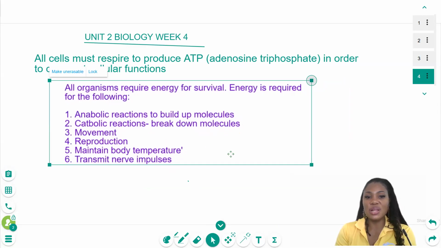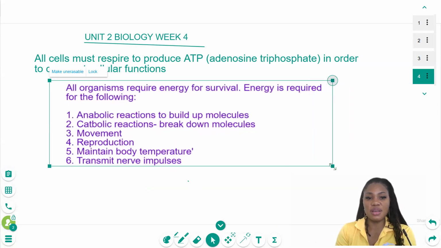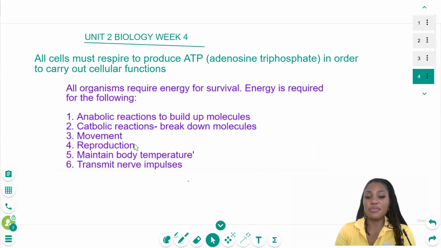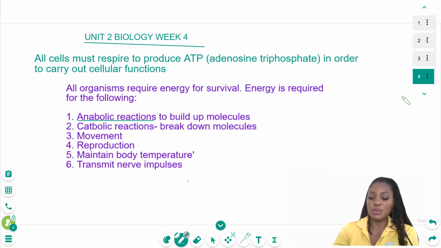So we say all organisms require energy for survival. Energy is required for many reasons, including, one, they need energy for anabolic reactions. And that's when you're building up molecules. So whenever you want to build up a molecule, that's an anabolic reaction, you need energy for that.